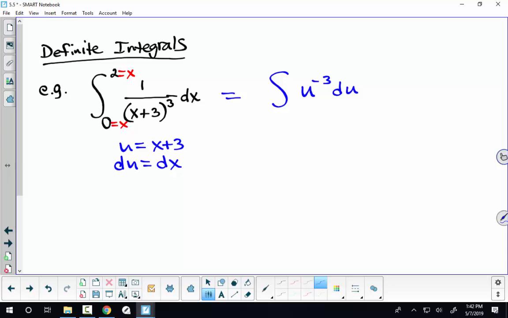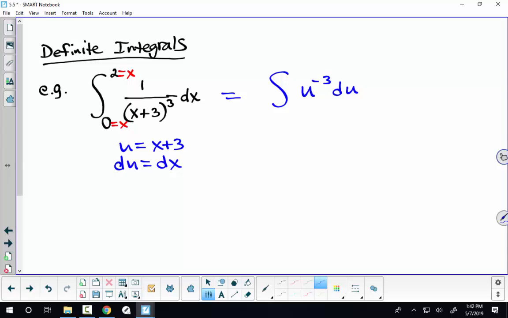So notice here, if I want to stay in terms of u, which if you're doing a definite integral, I think it's always easier instead of resubstituting and using the original bounds, because the antiderivative in terms of x is going to be a little bit more complicated than it is with u.